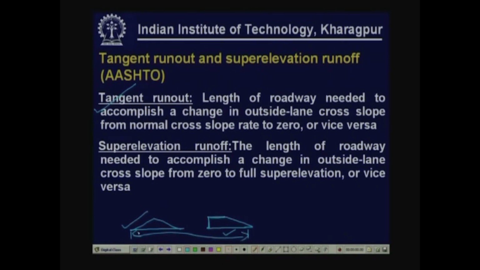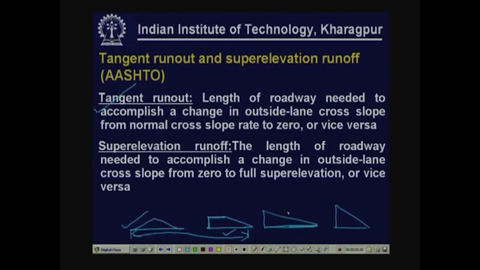So, that length is known as the tangent runout. Now, further rotation is done to make it a uniform slope equal to the cross slope of the camber, and then it is further rotated to have the required super elevation.